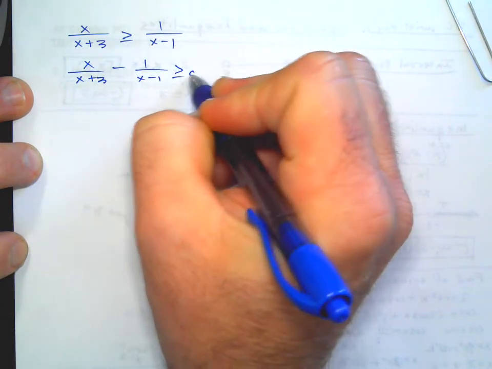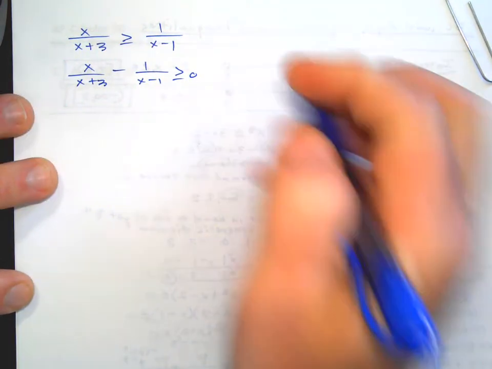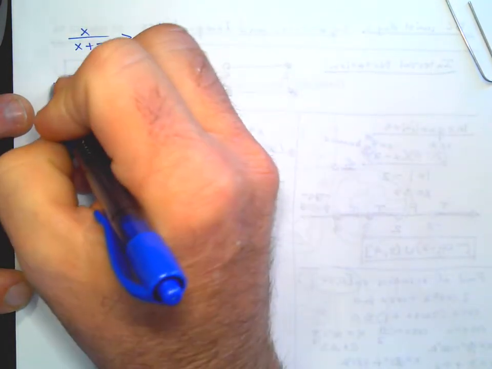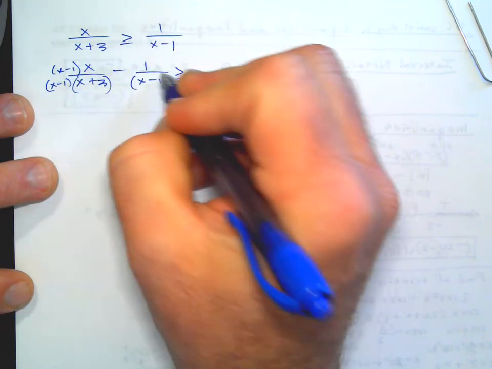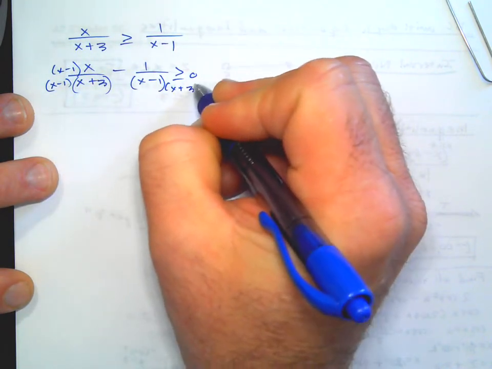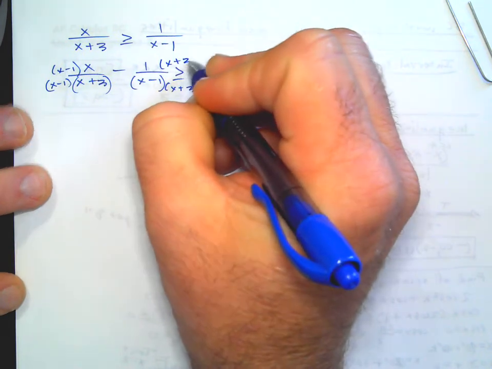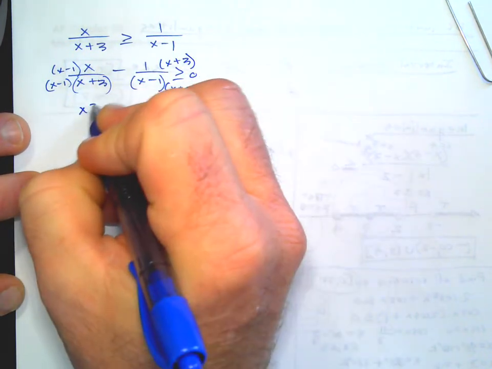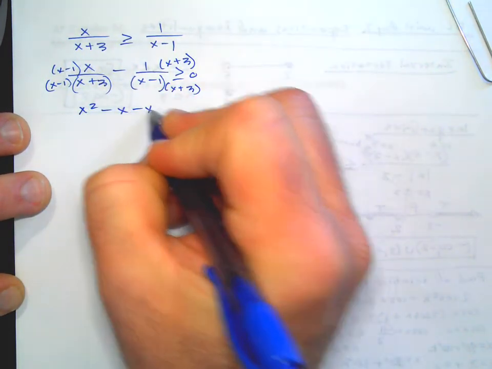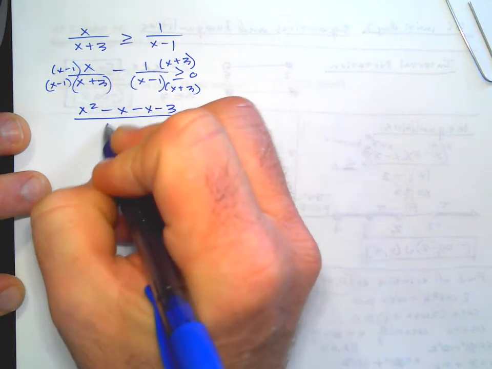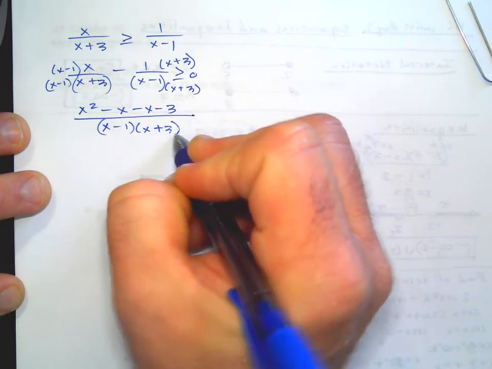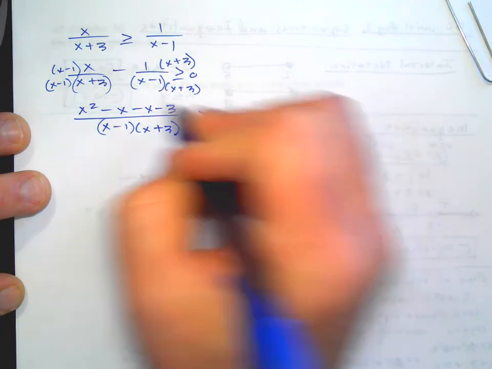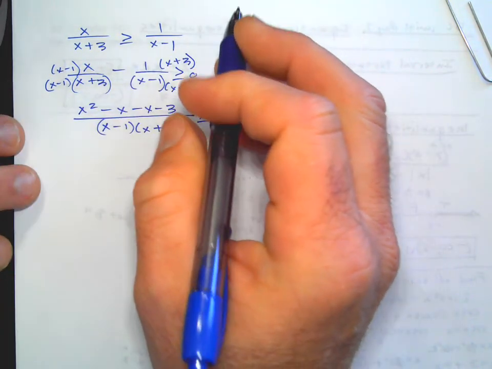All right, first step. Combine these into a single fraction, so you need least common denominator. So that's going to be x squared minus x minus 3 over x minus 1. Leave the denominator factored, because that's all ready to go. The top, we got to blow everything up, multiply it all out, combine like terms.